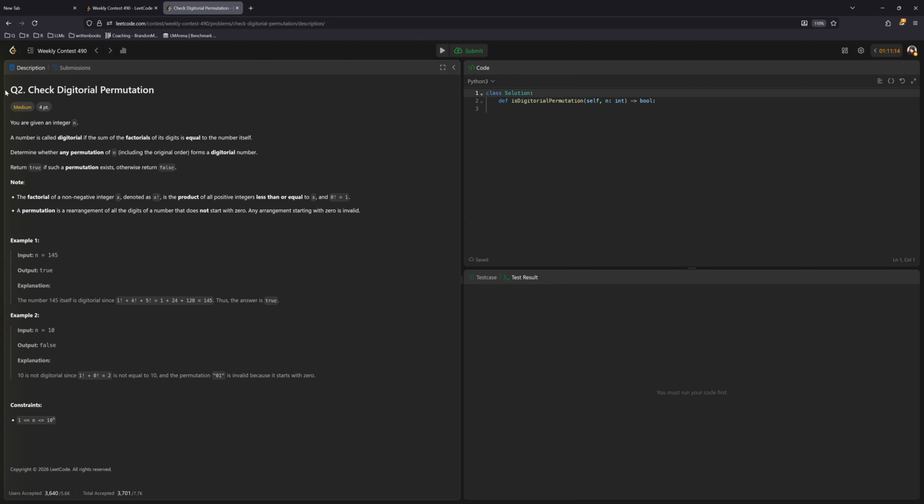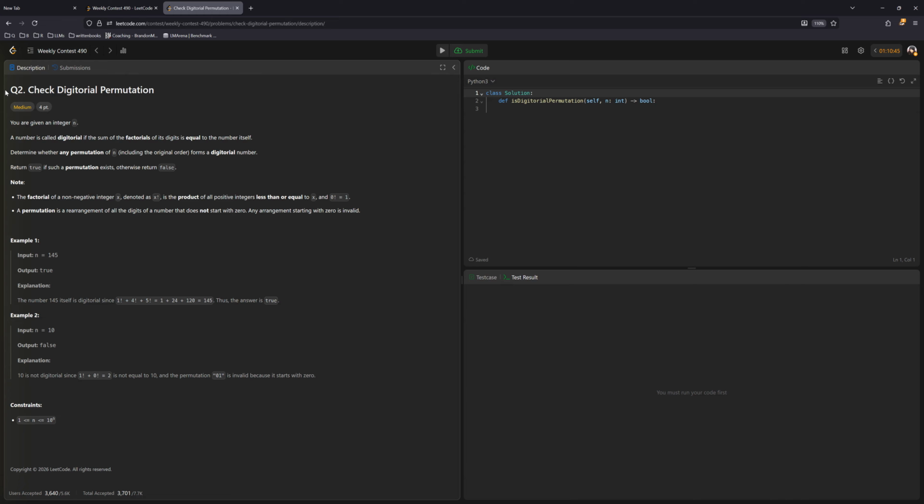Okay. Question 2. Check digitorial permutation. You're given an integer n. A number is called digitorial if the sum of the factorials of its digits is equal to the number itself. Determine whether any permutation of n, including the original order, forms a digitorial number.